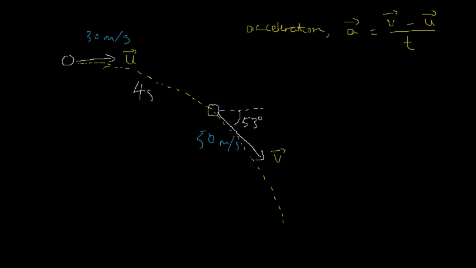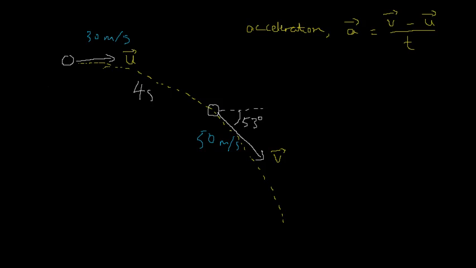So according to this equation, as always, when we find acceleration, we must first find the change in velocity, v minus u. We must take this vector and subtract that vector. So let's try and do that. How shall we do that? Right, let's use the triangle law of addition.